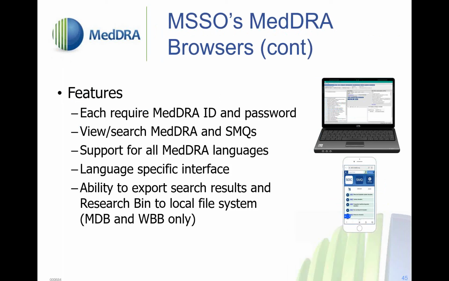When you're searching for terms, if you use a functionality in the browser called a research bin, both the desktop browser and the web-based browser will enable you to export your search results and filter them in Excel format, etc. But the mobile one does not. And just as an FYI, the mobile one is not an app, it's a URL. You can even access it on your computer if you want to see what it looks like. It's designed with an interface that is large enough that you can search for terms using your smartphone.